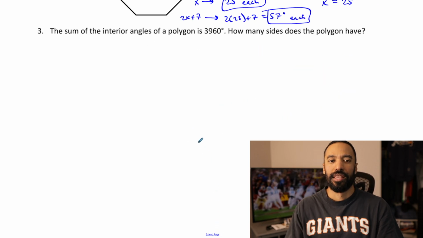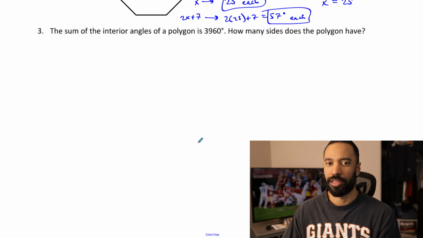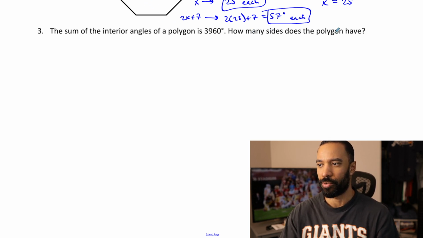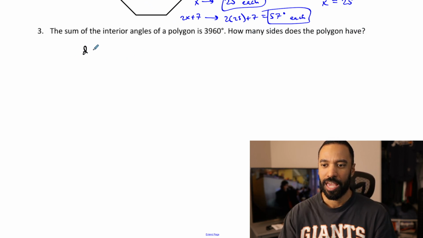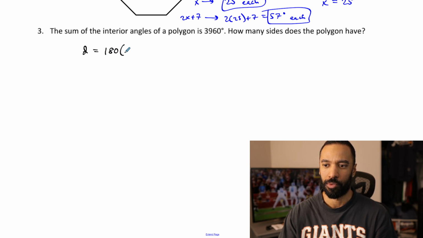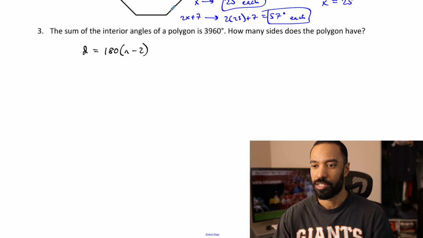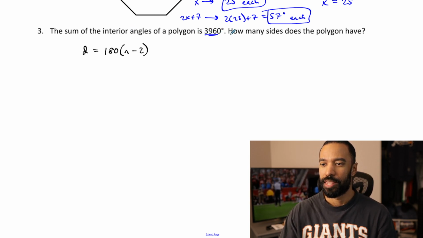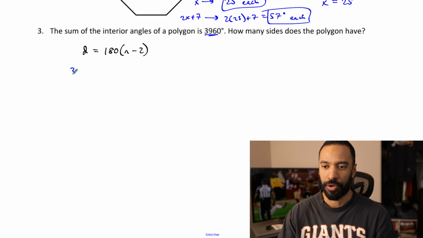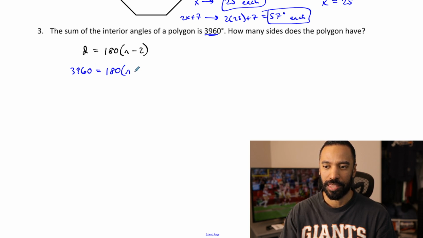Okay, number 3. The sum of the interior angles of a polygon is 3,960 degrees. How many sides does the polygon have? If we go based off this formula one more time, let's revisit this thing. D is 180 times n minus 2. This is the sum, the 3960 over here. We need to find out what n is based on this.